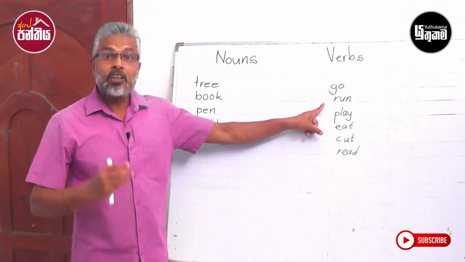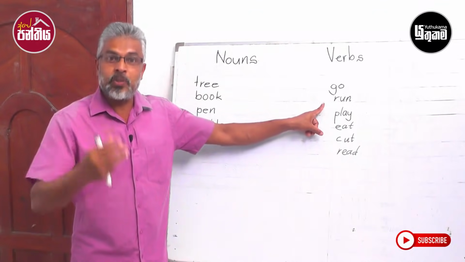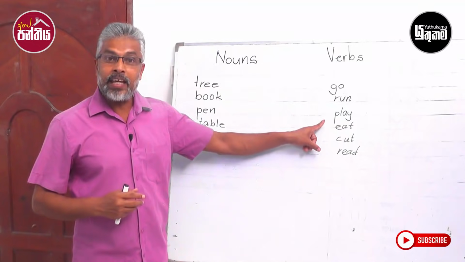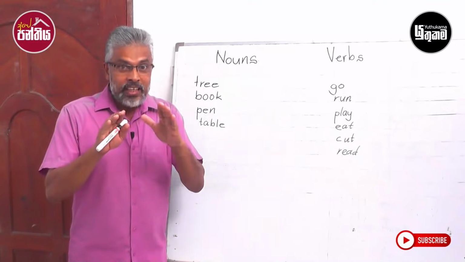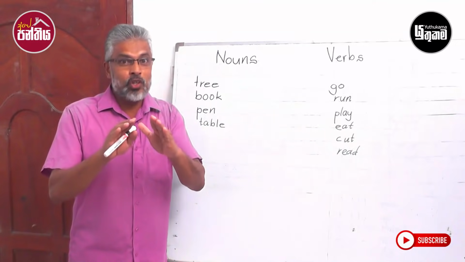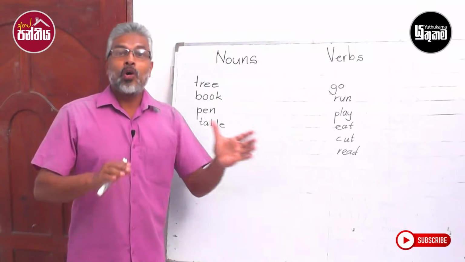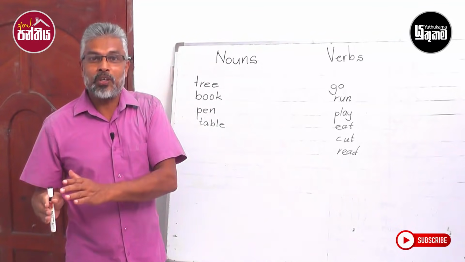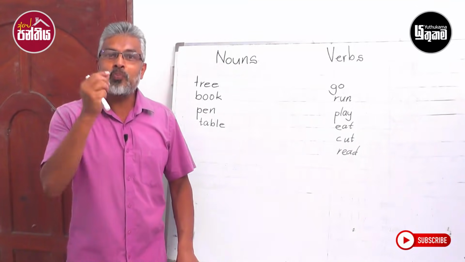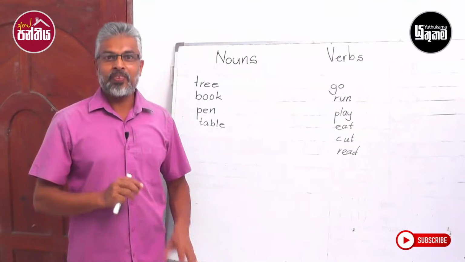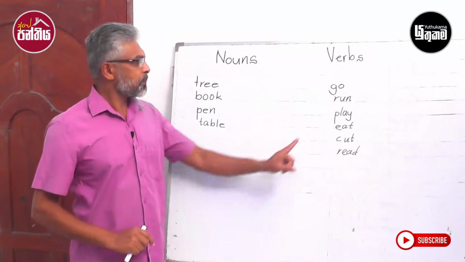Run, duwanawa, again in the speaking language. Play, krida karanawa. Here you don't see whether it is a plural or a singular form, because you remember these in your speaking language. That is where you make the mistake.